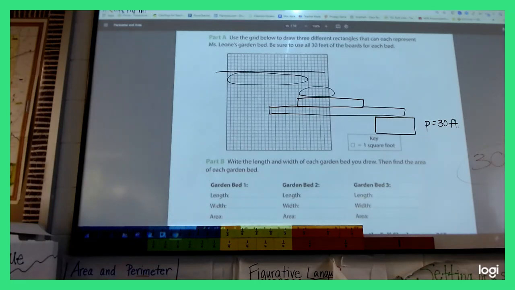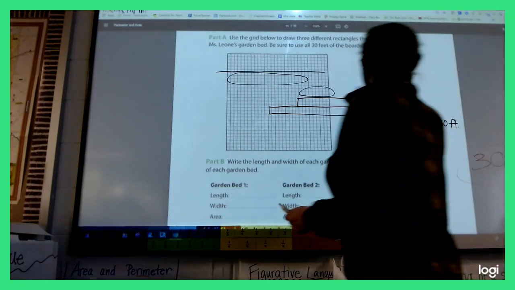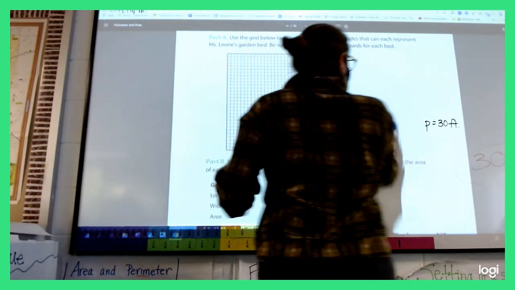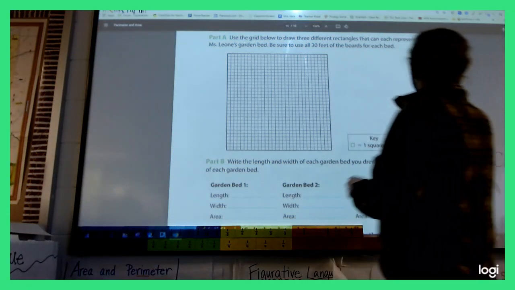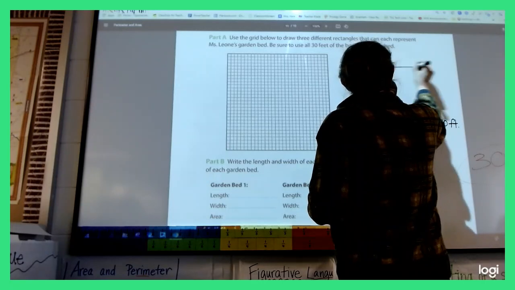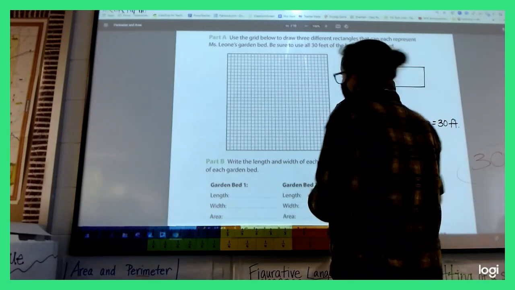So they gave us the 3 choices down at the bottom. So our job is to come up with 3 different possible garden shapes. Okay, we have to follow the rules we had, which is the perimeter is 30 feet and it has to be a rectangle. No sides can be 1 foot.